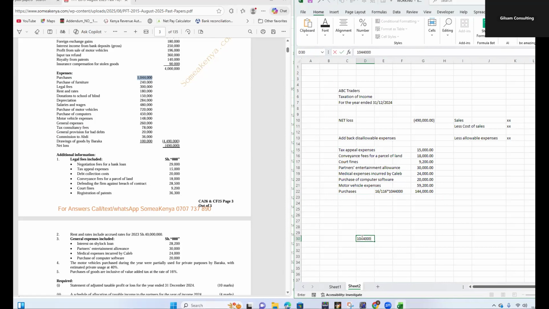So if 1,044,000 is equivalent to 116, that is the VAT inclusive amount. What about that 16% we are looking for? Or you can get the net, thereafter calculate that 16% and disallow, which gives the same value. But why go the long way when you can use one formula and get that.